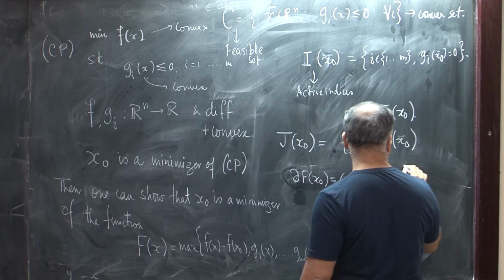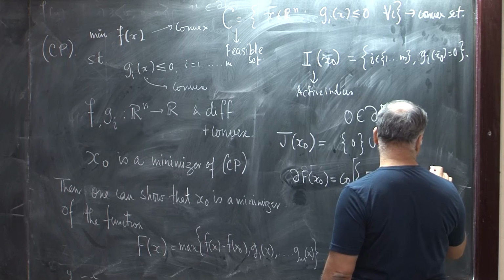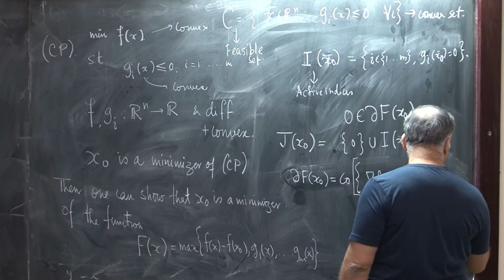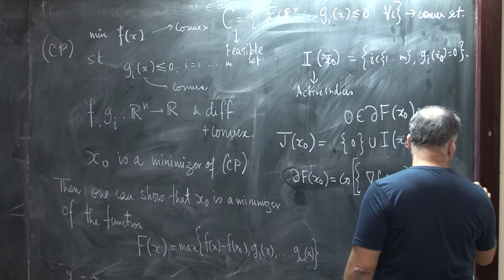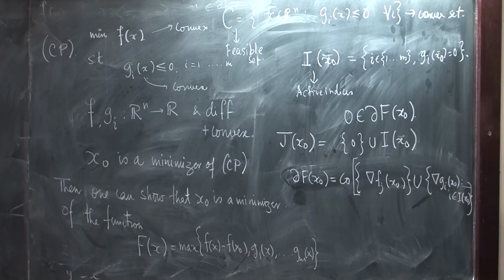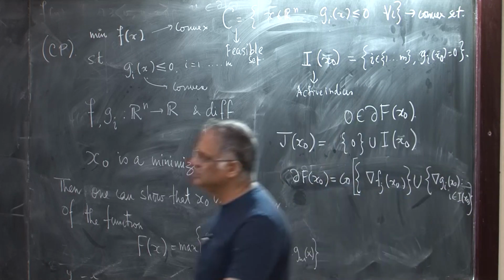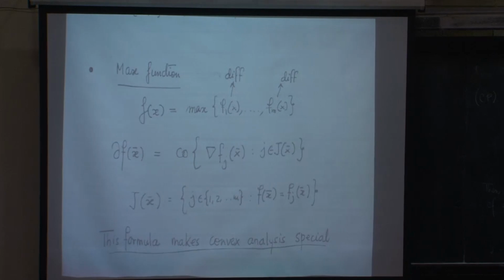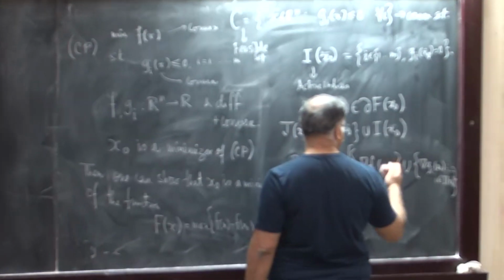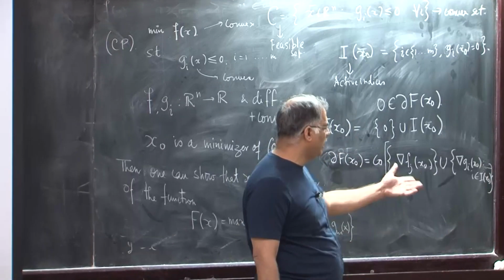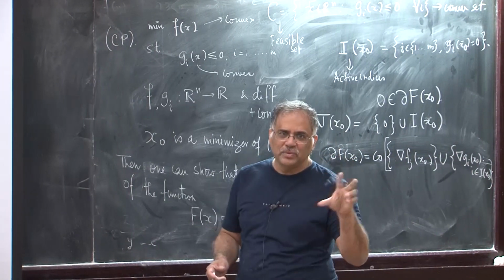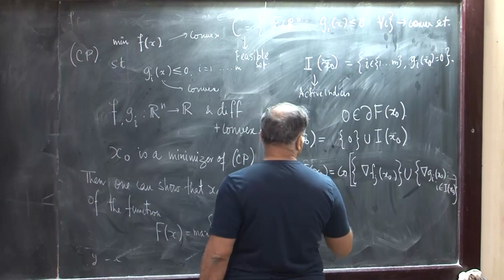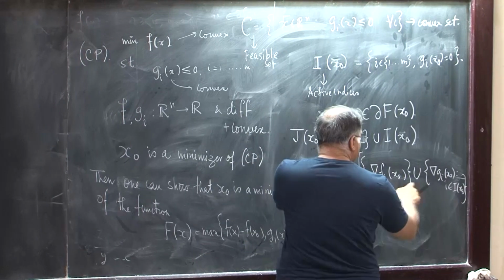So, this set union grad g_i(x naught) where i is an element of I(x naught), because these are the indices in that set. So, we are exactly applying this formula. Now, what is the meaning of convex hull? 0 must be an element of the convex hull of this.